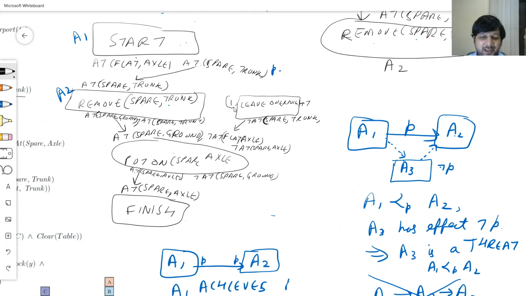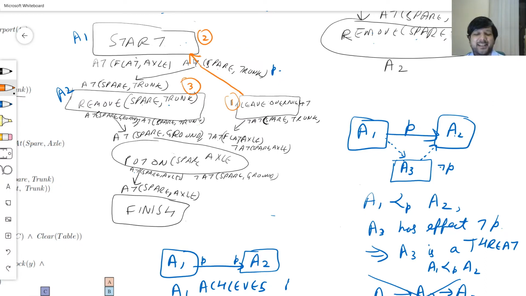It has to be first this, and then this. This is already a link, so I add this link. This is not achieving anything. It's just saying that in order to break the threat, I add this temporal constraint.